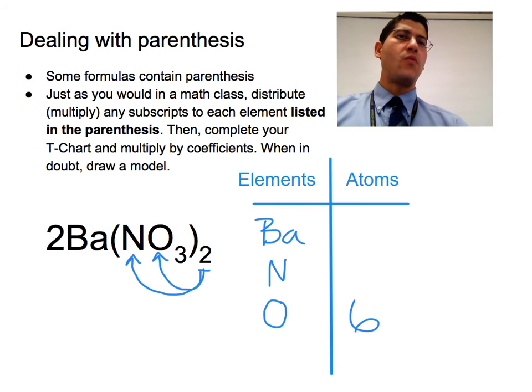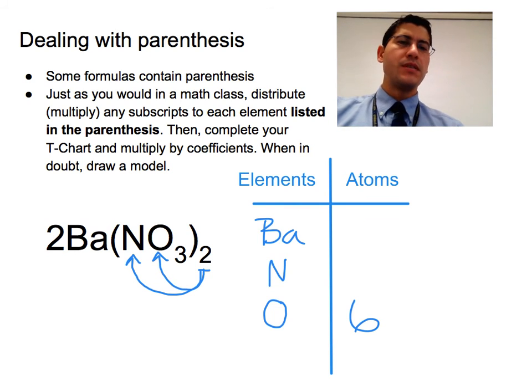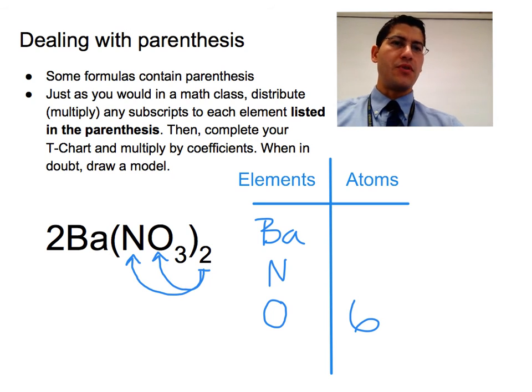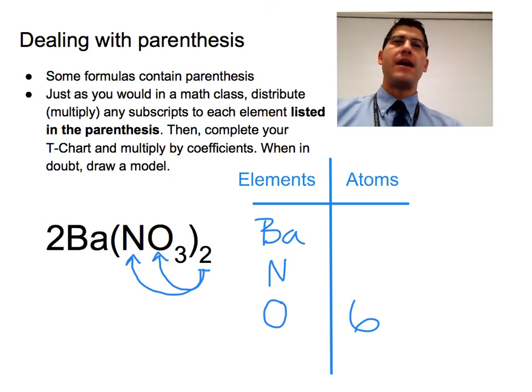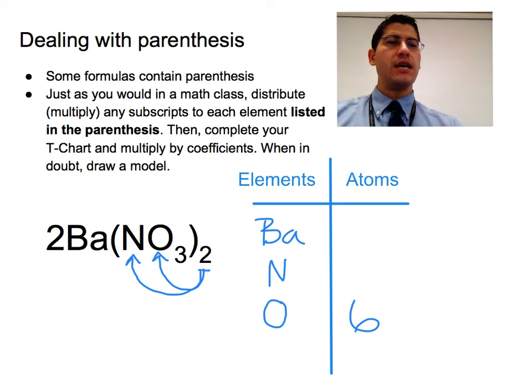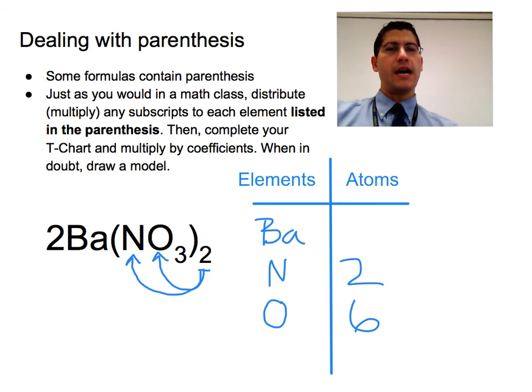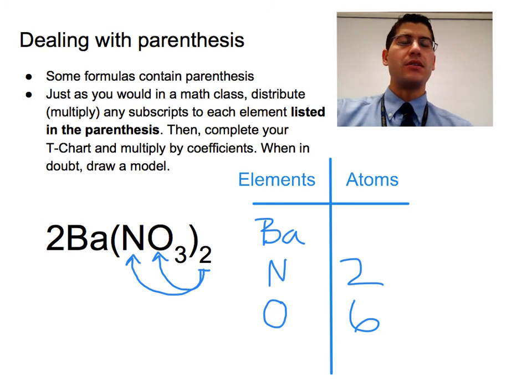If there was no parentheses, we would say there is 1 nitrogen atom. But since there is a parentheses with a subscript of 2 outside, we multiply that 1 nitrogen atom by 2 to say that there are 2 atoms of nitrogen in each molecule of this substance.